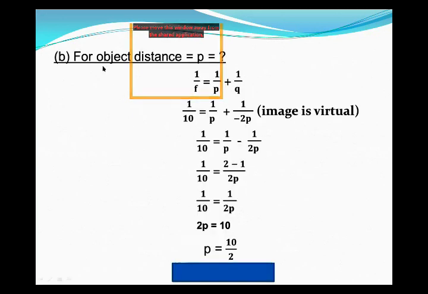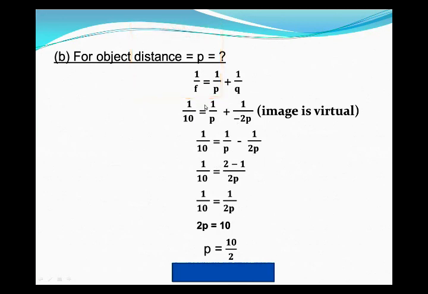Now we are going to calculate the object distance P when the image is virtual. If the image is virtual, then the value of Q will be negative. Here we are also using the lens formula, 1 over F is equal to 1 over P plus 1 over Q. The focal length will remain the same, 1 over 10 is equal to 1 over P, and for 1 over Q, the value of Q will change because the image is virtual, so we write minus 2P.